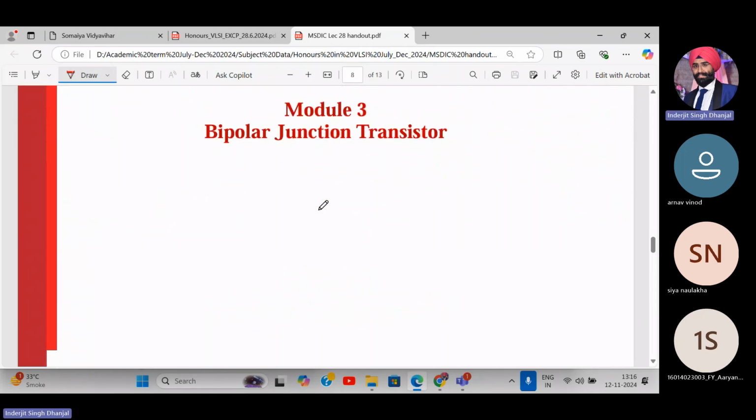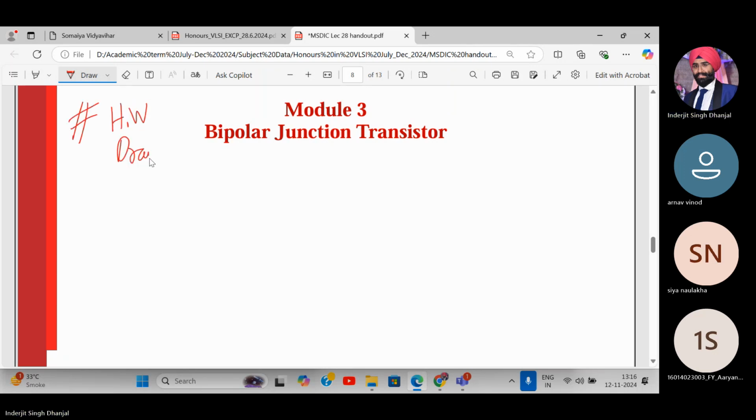Acha, now for home assignment, draw the energy band diagram of PNP BJT in zero bias and in forward active mode.